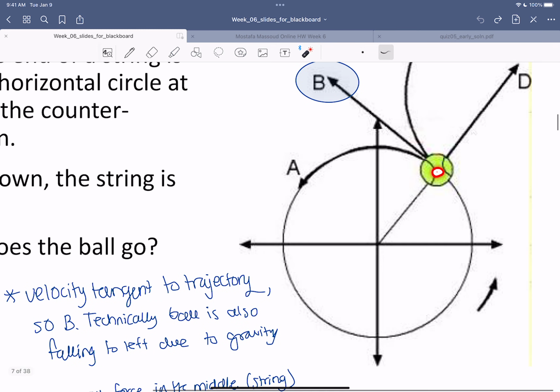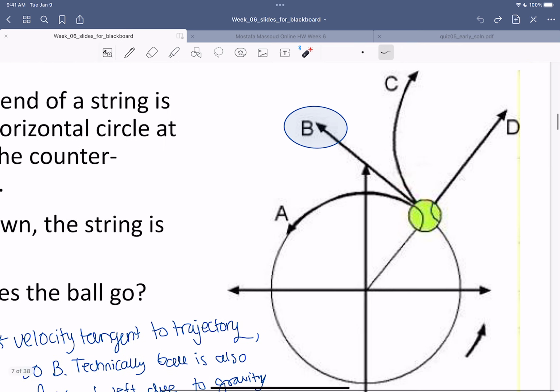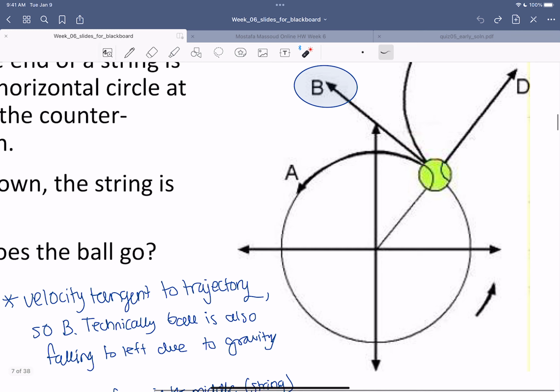So if I'm right here in that circular pathway, then my velocity is just tangent to that curve right there. So if I'm going this way, counterclockwise, then my velocity would be in the direction of B. Now, if I was going clockwise, if I was going this way, then the velocity would go that way, right?